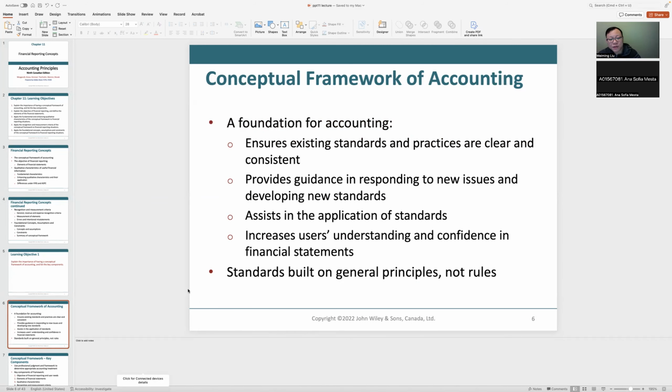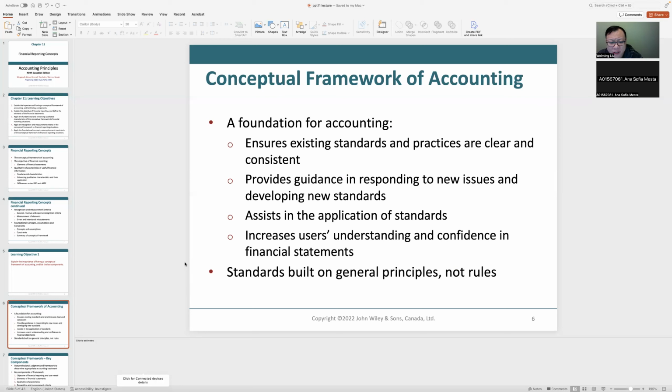The frameworks. We need to have a foundation for accounting. We need to ensure the accounting standards and the practices are clear and consistent. If they are not clear, people find them hard to use.